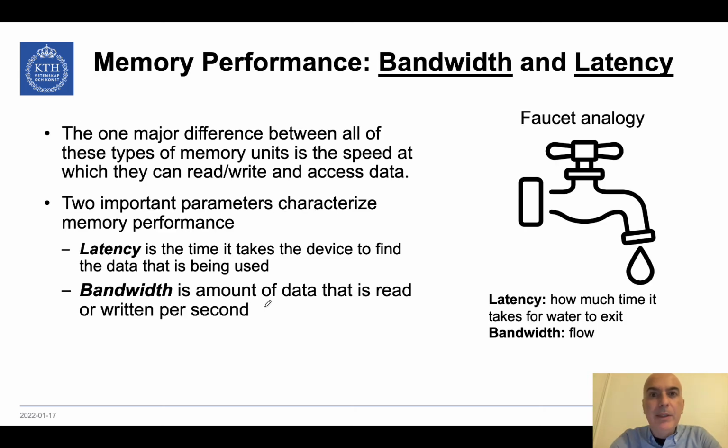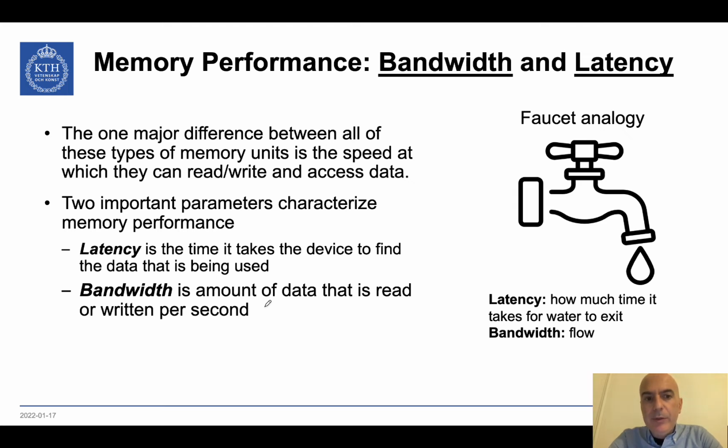What are the numbers that tell us how good a memory technology is? Well, it turns out that there are two numbers: the first one is the bandwidth and the second one is the latency. As you can expect, when talking about high-performance computing, one major difference between all these different kinds of memories is the speed at which they can read or write data.